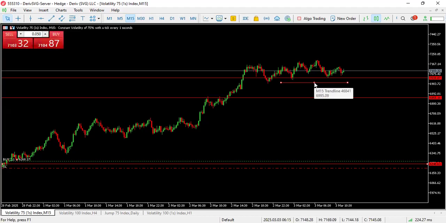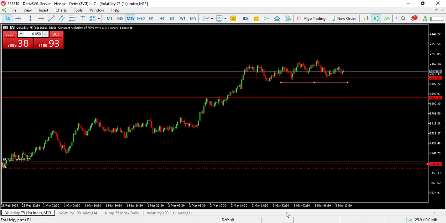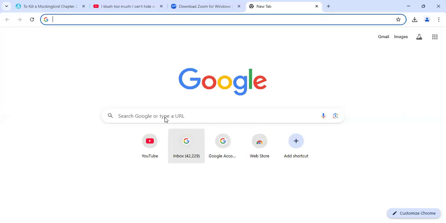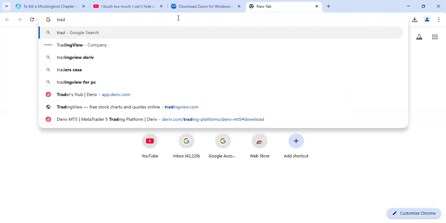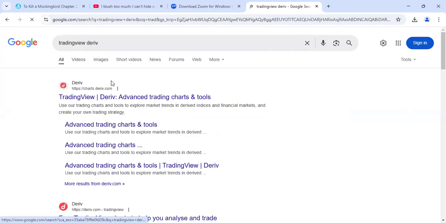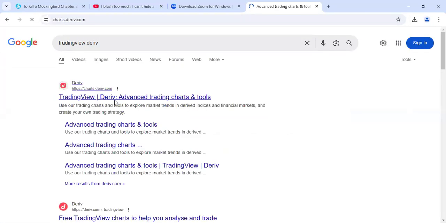Please, sir, how do I see this and buy and others on TradingView? Okay, you have to go to tradingview.com, go to your browser like this. Let me show you. Try TradingView Deriv, and TradingView will pop up.